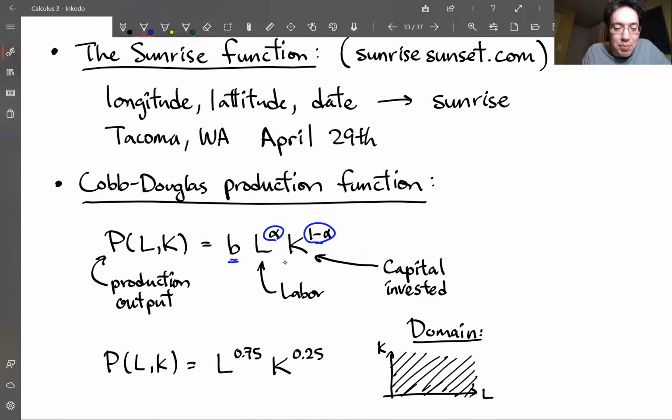An example of what this function might look like is if B is 1 and alpha is equal to 0.75, so it's 3/4, then the exponent for the capital K is going to be 1 minus 0.75, so it's 0.25.